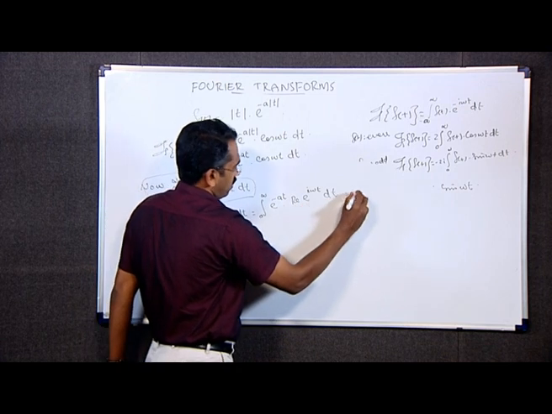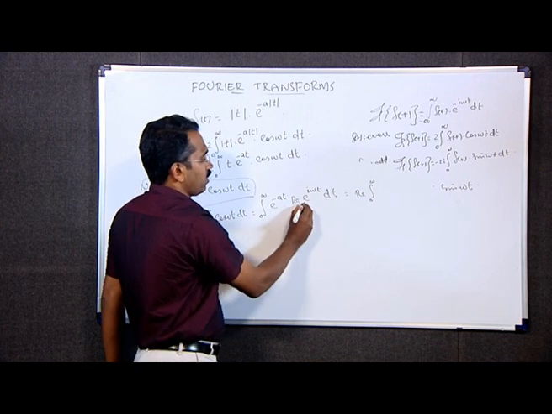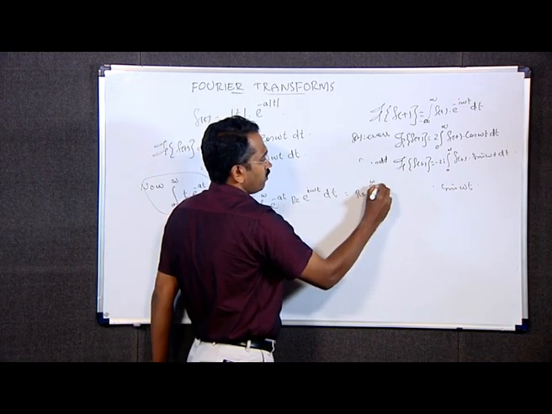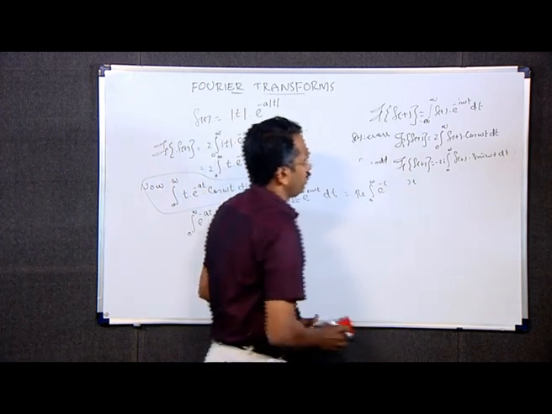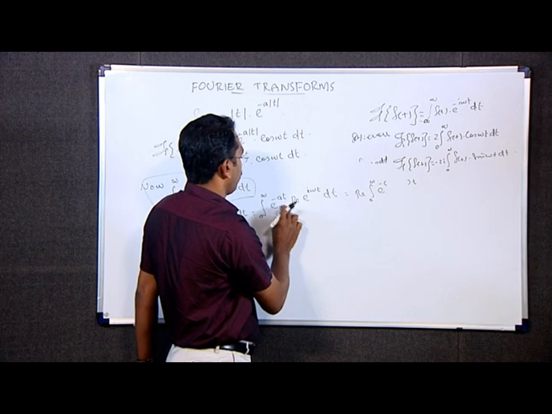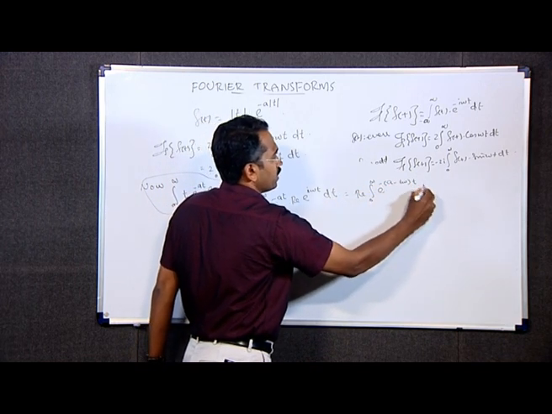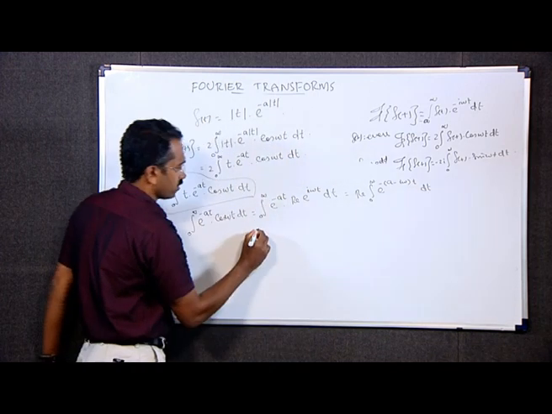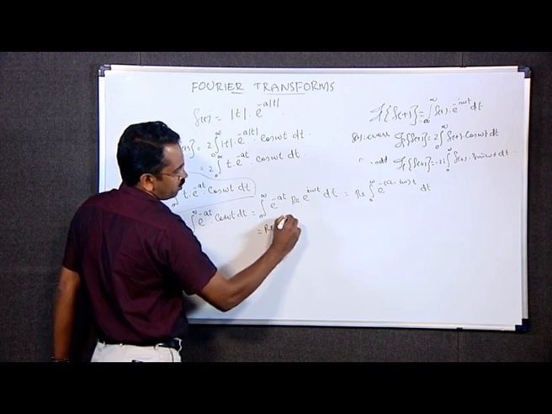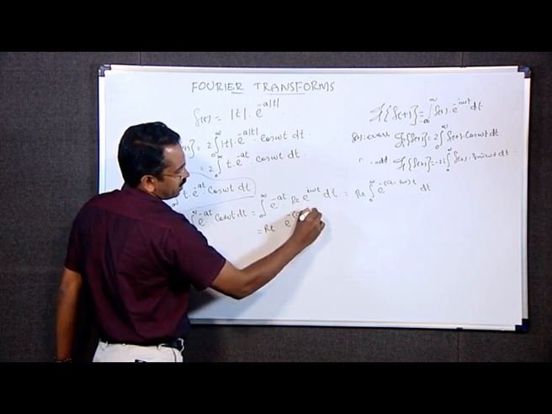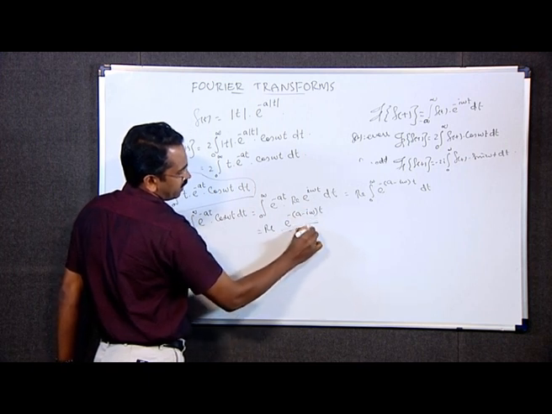That is, the real part of the integral from 0 to infinity of e raised to minus t into (a minus I omega) dt. On integration we get the real part of e raised to minus (a minus I omega) t divided by minus of (a minus I omega).